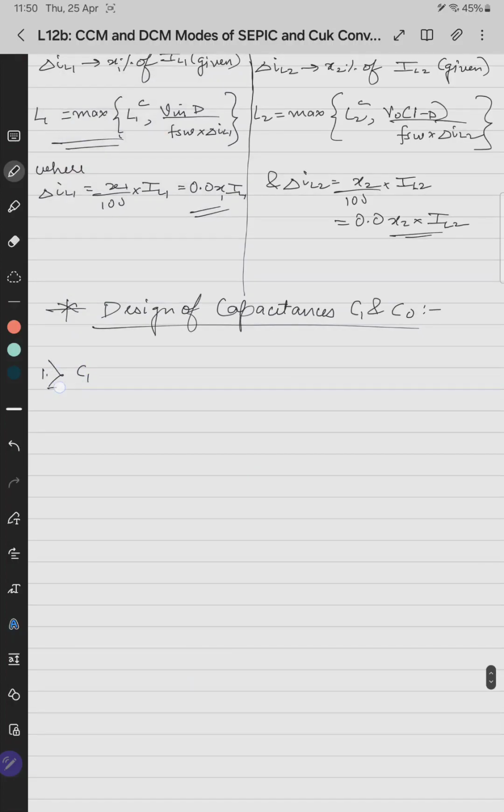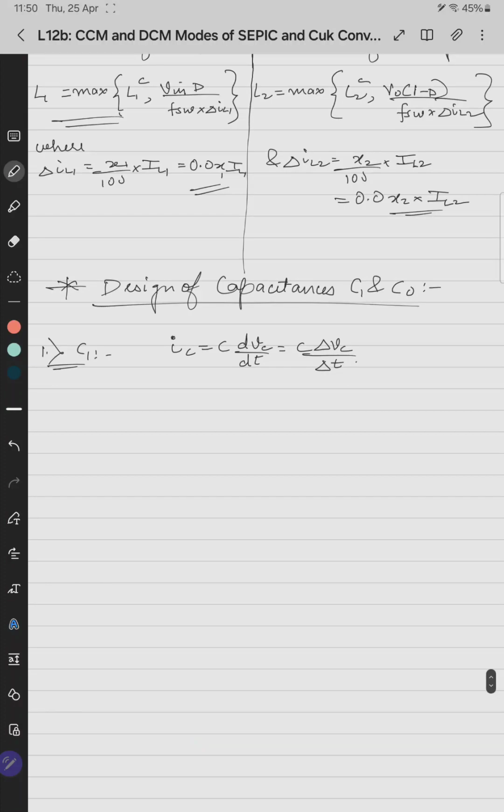So first C1, we know that IC is C dvc by dt, or C delta vc by delta t. So we'll write C as IC delta t by delta vc, or IC dt by delta vc.